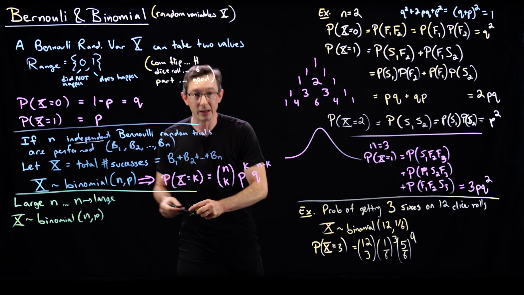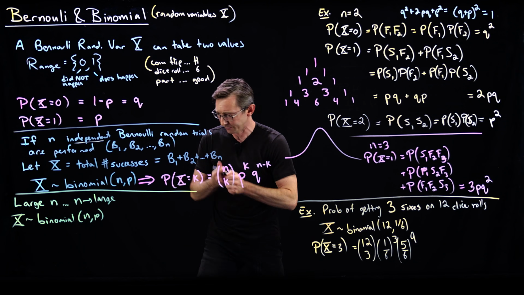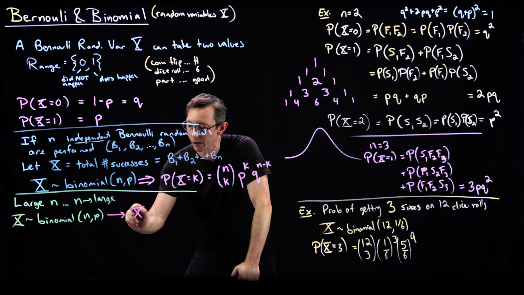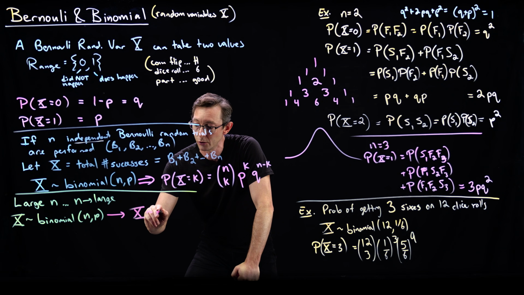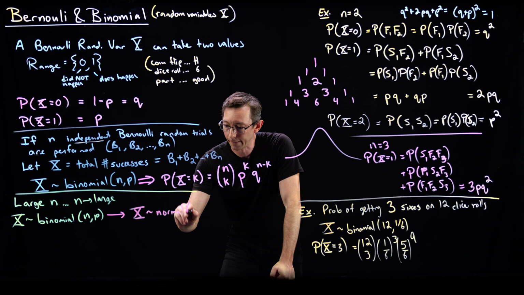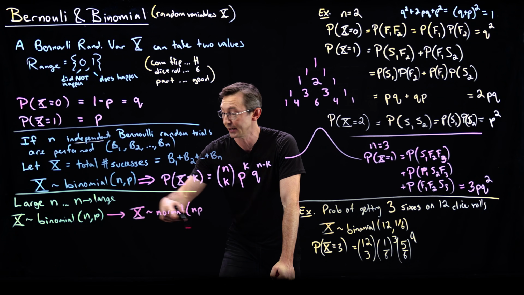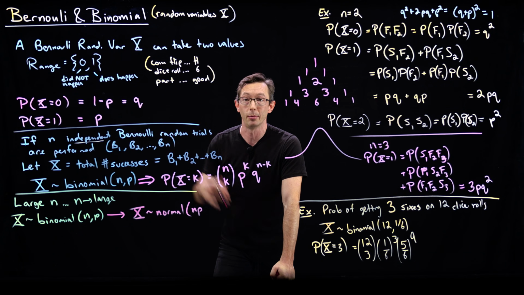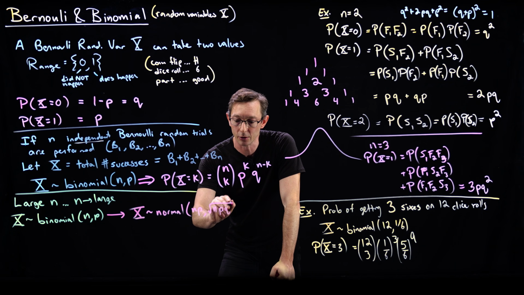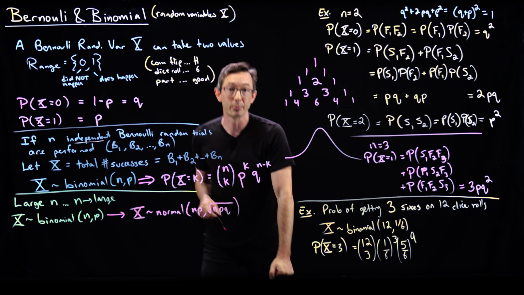If x is binomial with parameters n and p, then for n large, this starts to look a lot like a normal distribution, a Gaussian distribution, with the mean equal to np. This is the expected number of successes, the number of trials times the probability of success. And it's going to have a standard deviation, which is root npq. This is going to be the spread in the distribution.